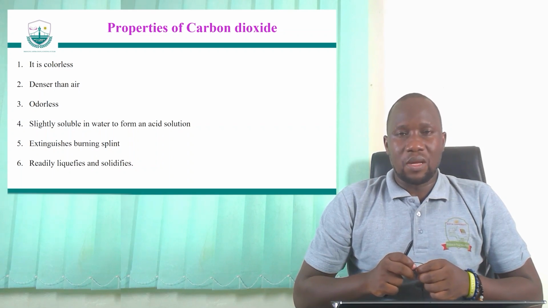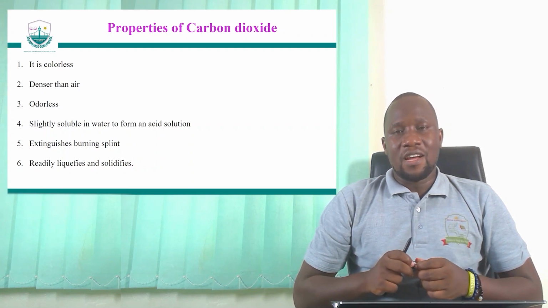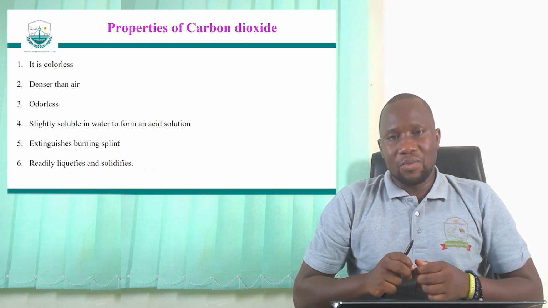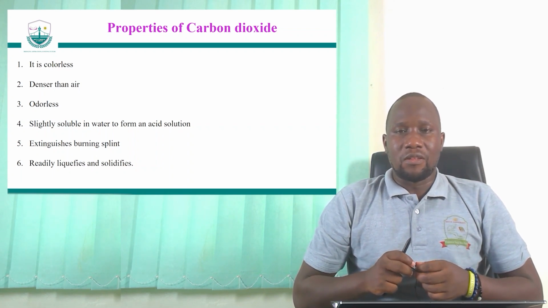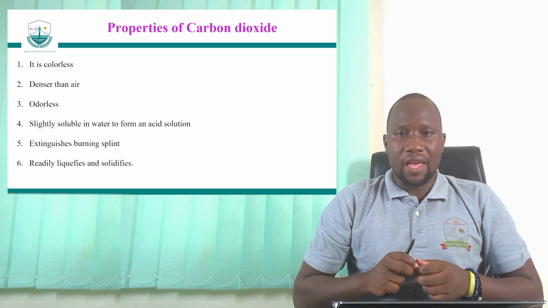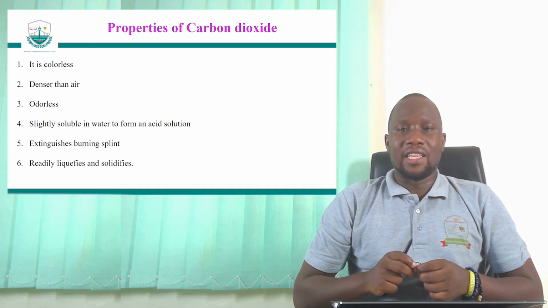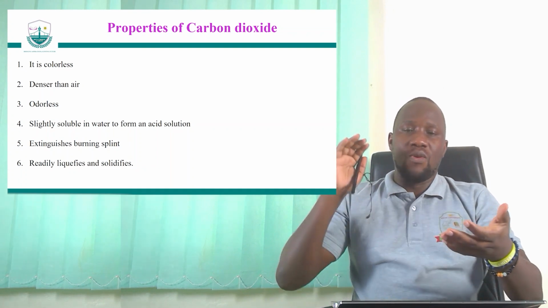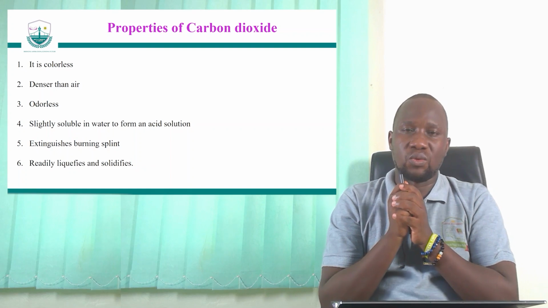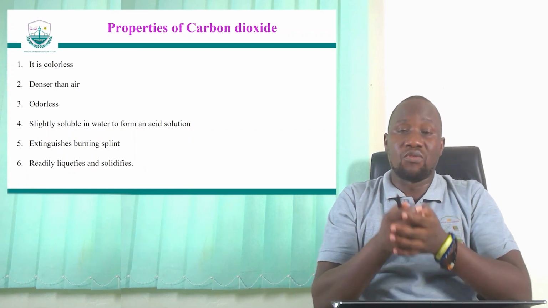Carbon dioxide is denser than air, and this is very important in extinguishing fire. If carbon dioxide was lighter than air, then you could not push carbon dioxide into the source of fire and you couldn't put off the fire.